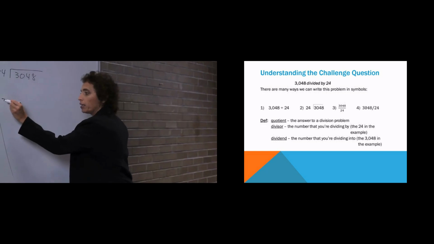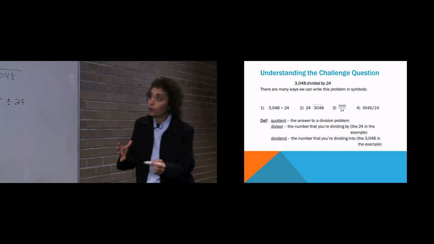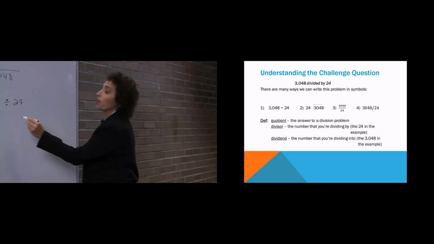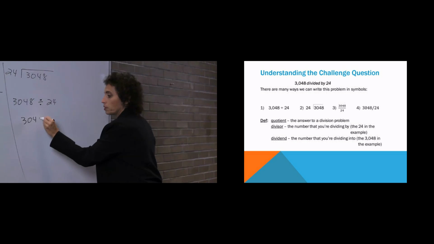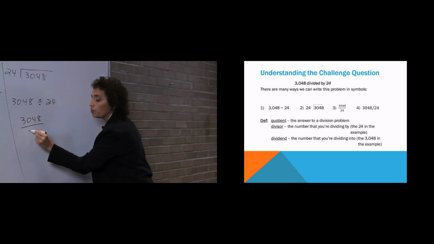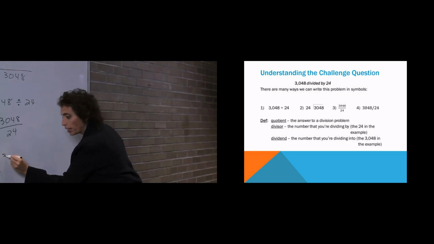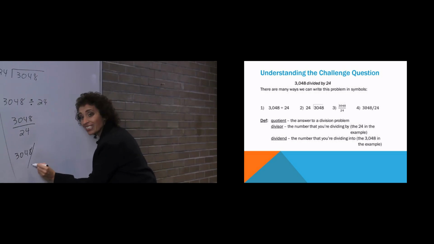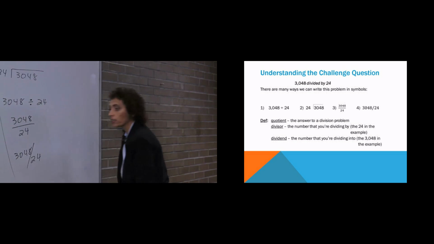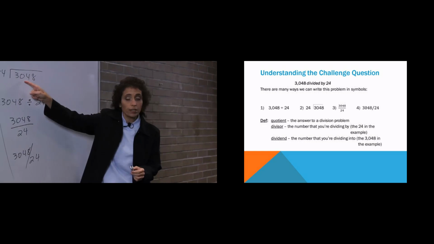Another way to write it is 3,048 divided by 24. Another way to write it is 3,048 with that line, like almost a fraction line, divided by 24. And then sometimes they have a fraction line that looks like almost a slash. In order to do the problem, we really want it written in that way.